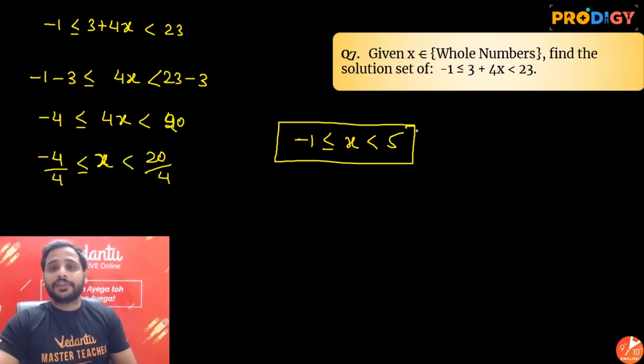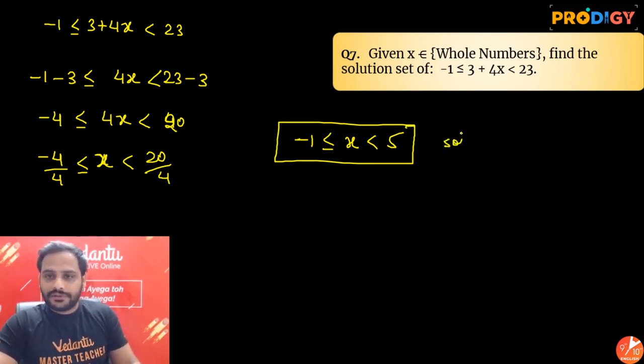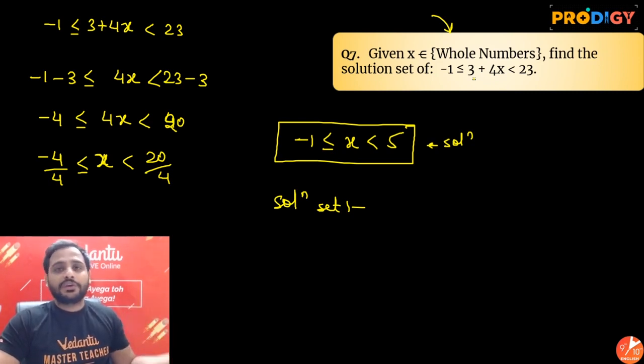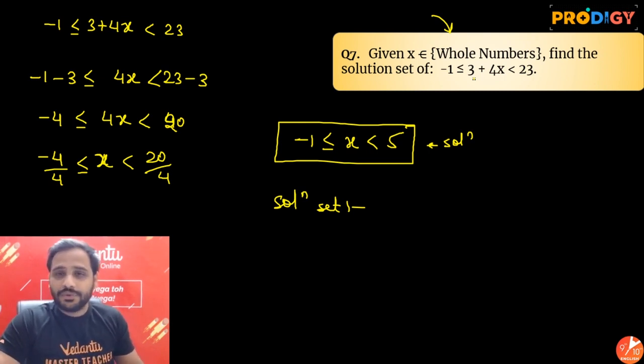All right, this is the solution. Now what will be my solution set? The question has told x belongs to whole numbers. I know x is greater than or equal to -1, but I will not take the negative values because negative values are not present in the whole numbers.